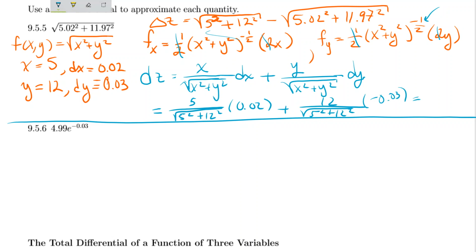They have the same denominator, so you can add them fairly nicely, and hopefully you know that the square root of 5 squared plus 12 squared is actually 13. So this is like kind of approximating the square root of 13, in case you were wondering. Anyway, it comes out 12.98, and the actual value of the square root of 13 is 12.9800003 and a bunch of other decimals. So it's pretty close. Pretty darn close with the approximation.